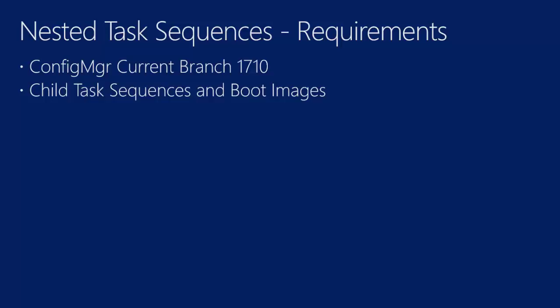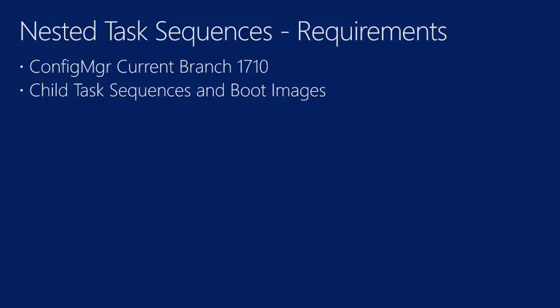The other inference here is that child task sequences themselves do not need to be deployed in order to work with the parent task sequence. Remember, at the server, whenever you deploy a parent task sequence, it knows what child task sequences it needs and will compartmentalize all of that up into a single policy body and send that down to the client, right?